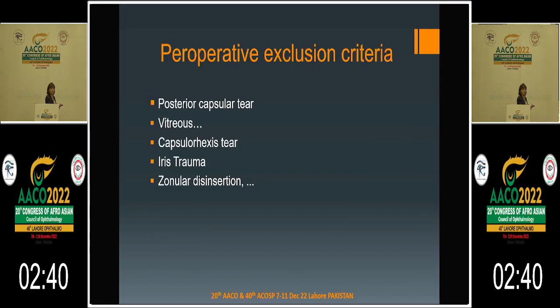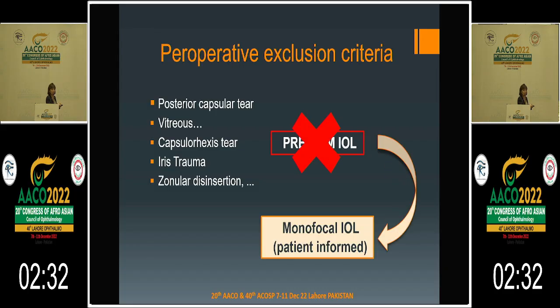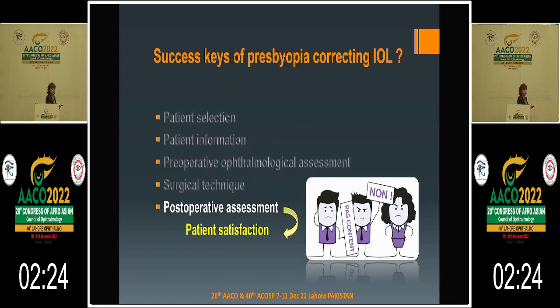Per-operative exclusion criteria are posterior capsular tears, vitreous loss, etc. And here we have to avoid premium IOLs, and we have to implant a monofocal IOL. Of course, the patient was informed. Finally, post-operative assessment and patient satisfaction.